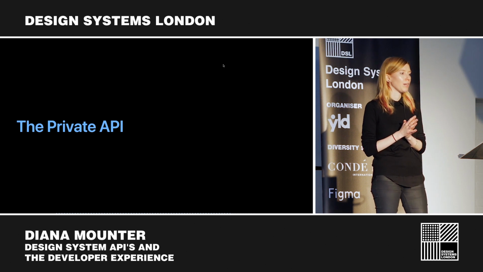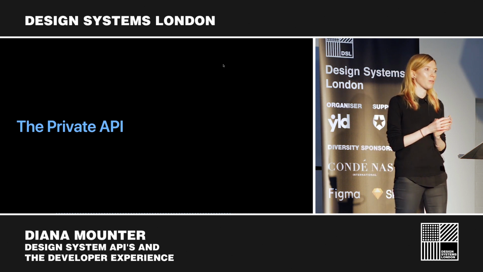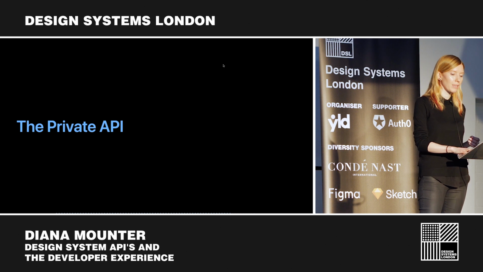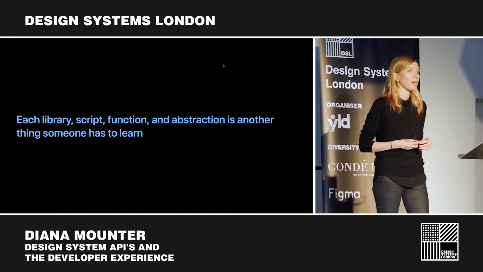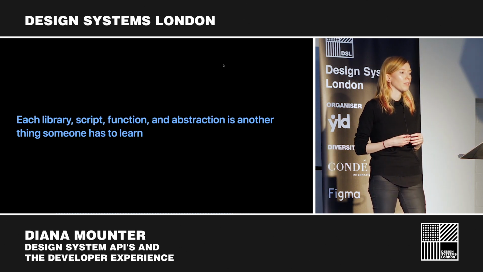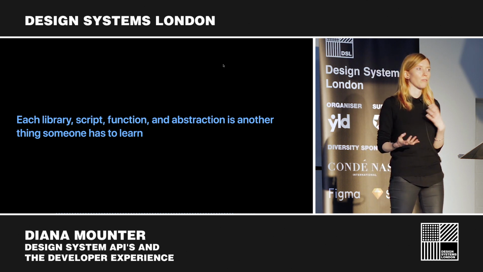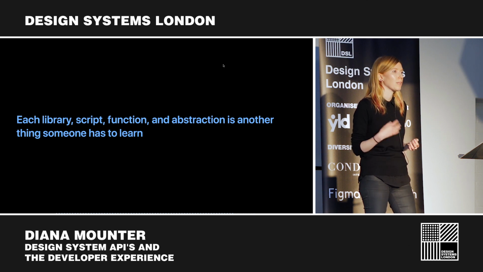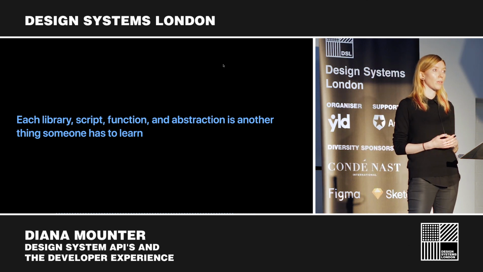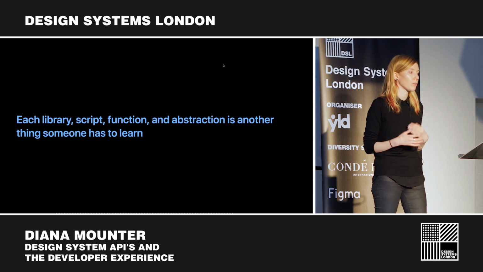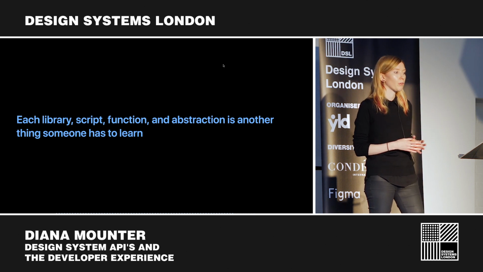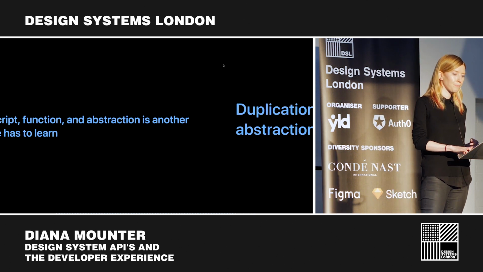Before I wrap up, I want to talk quickly about the private API. By that I mean how the actual component is built, what's happening behind the scenes. We have to remind ourselves that each library, function, script, abstraction that we use is another thing someone has to learn if they want to contribute to your design system. So the quality of the private API is really important for the contribution experience.